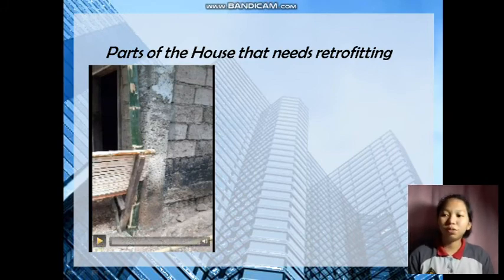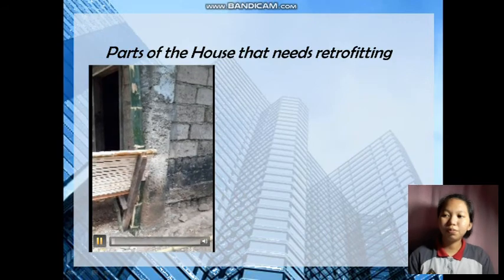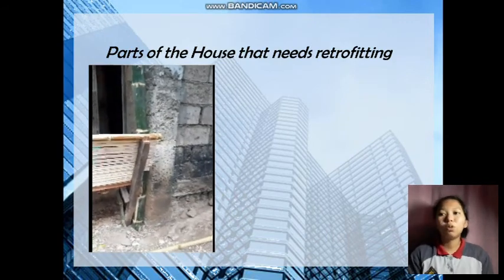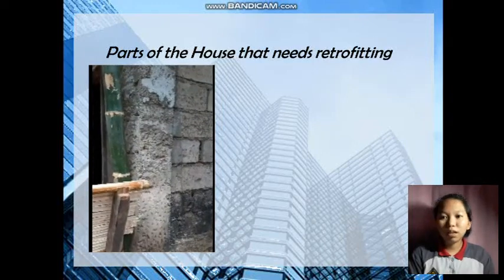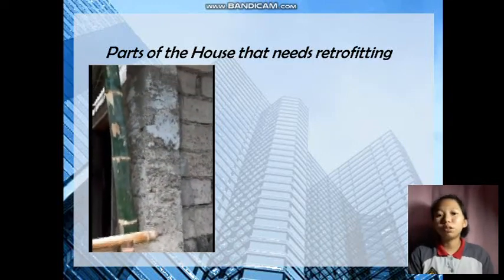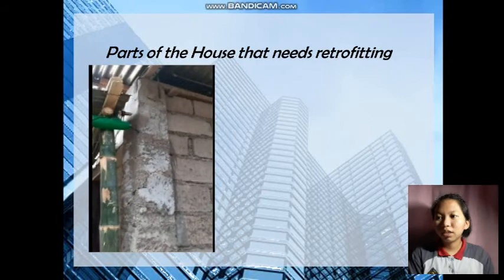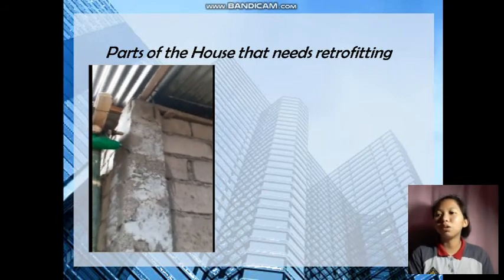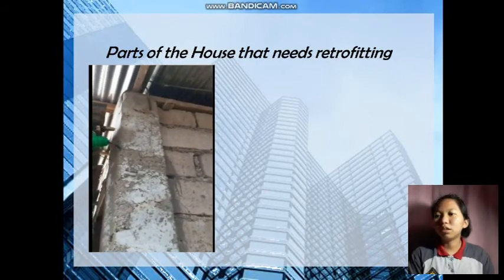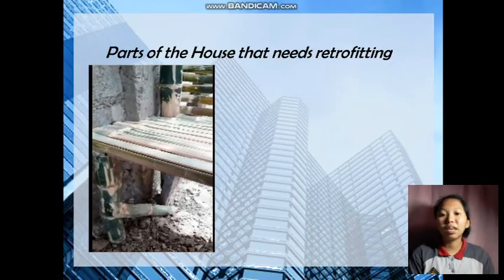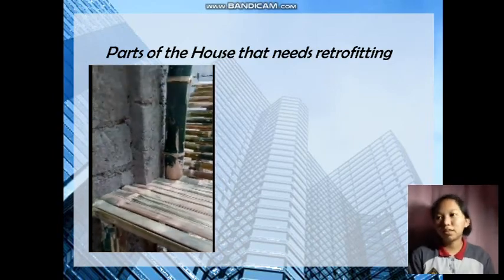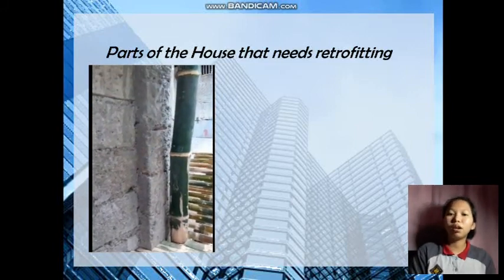Then from the video, makikita natin yung wall, medyo malabo nga lang siya, pero could see the cracks sa wall, and kita natin na hindi na taas yung integrity niya.